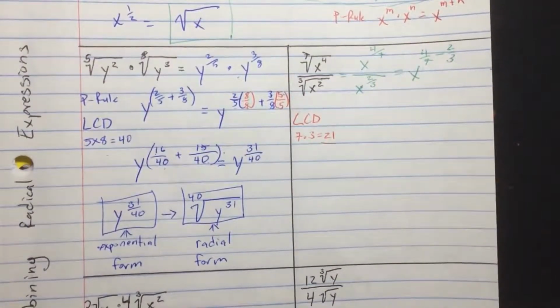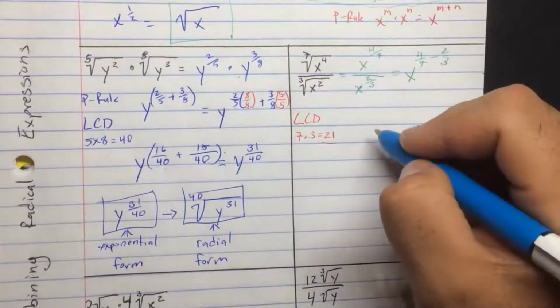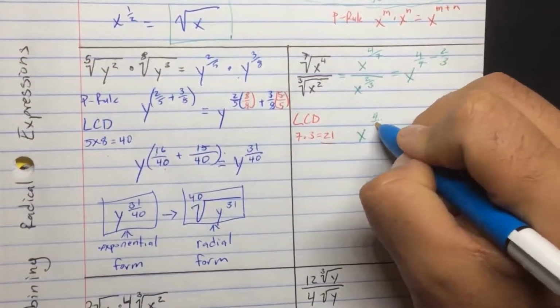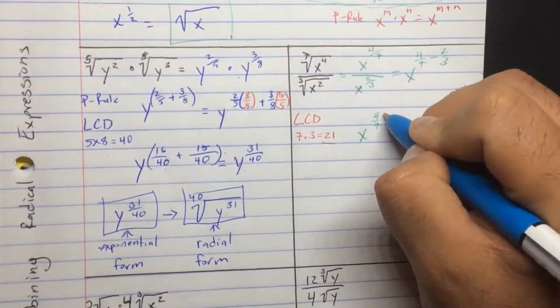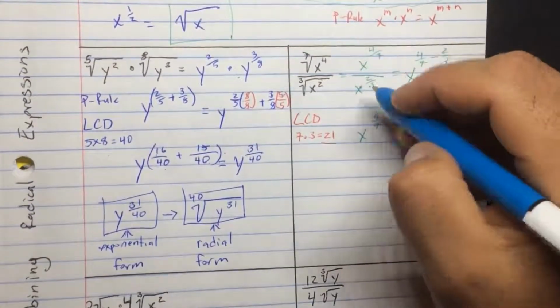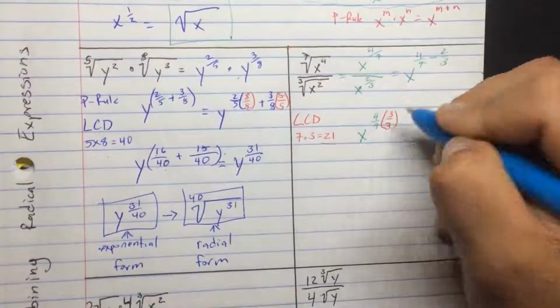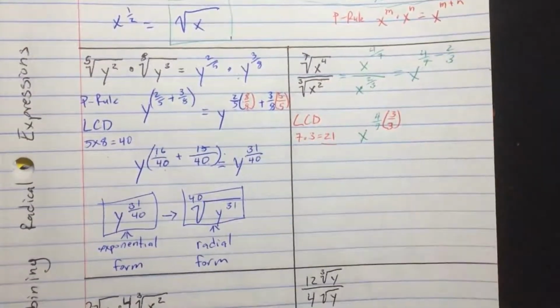So that means we have to rewrite these in order to get 21 as our denominators. We're in green. We have x to the 4/7, but to make this 21, we're going to have to multiply the numerator and denominator by 3 over 3, because 7 times 3 would give us our 21.